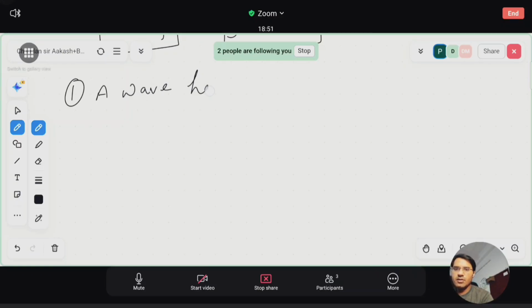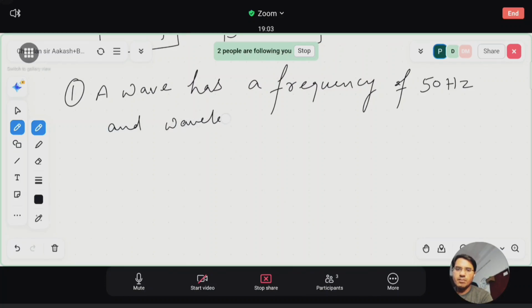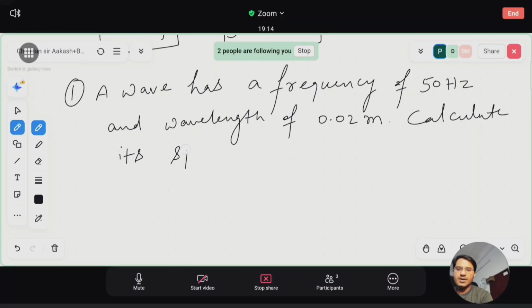A wave has a frequency of 50 hertz and wavelength of 0.02 meters. Calculate its speed. How will you do that?